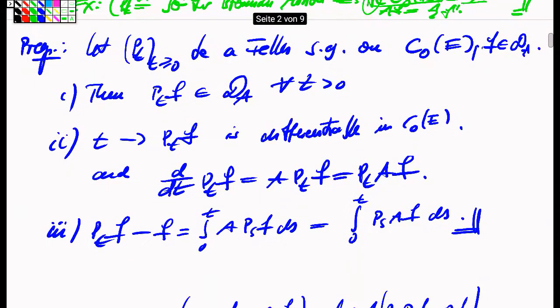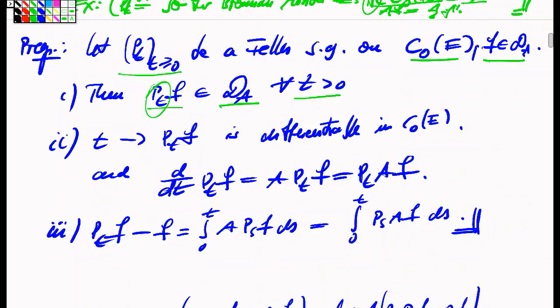One of the tools is the following proposition, which deals with the differentiability, effectively, of the semigroup as a function in time. Here it is. It says, if we have a Feller semigroup for a general Feller process, as usually defined on this function space of continuous functions vanishing at infinity, and if we have a function f which belongs to the domain of the generator, then for all positive times, the application of the semigroup to the function f also belongs to the domain of the generator.